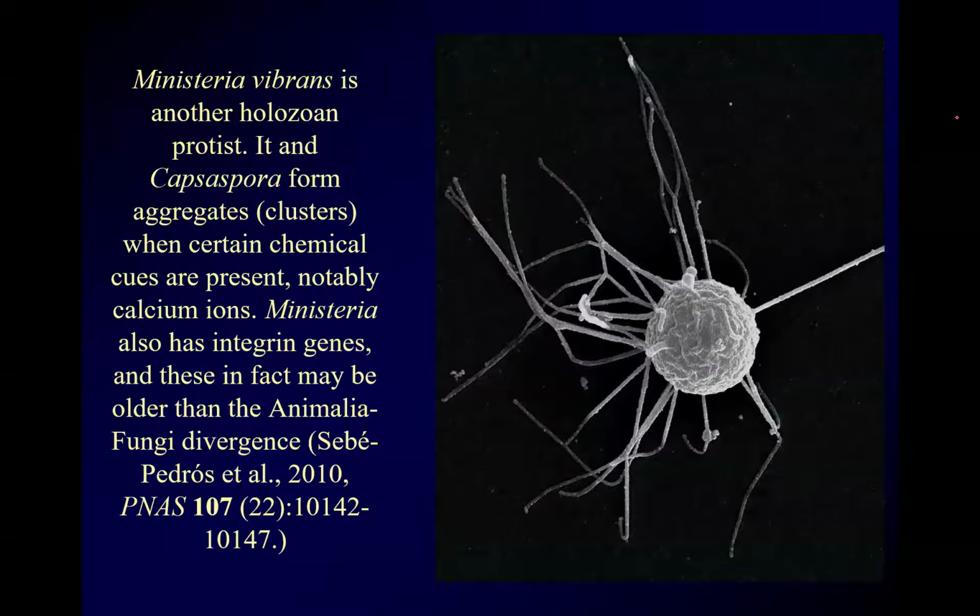The same is true for Ministeria vibrans. It's another weird little amoeba that nobody has paid much attention to, but we know that it can form clusters when certain chemical cues are present, and we know it's got integrin genes as well. So this thing, although it's not fully in the animal kingdom, it has at least some of the molecular machinery found otherwise in animal cells, which is a pretty evolutionarily significant thing.